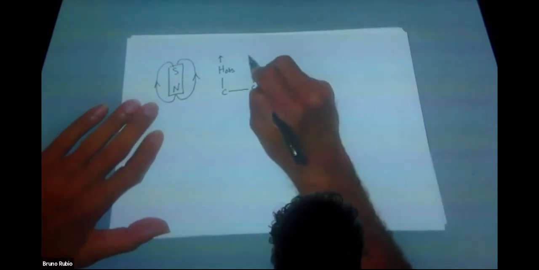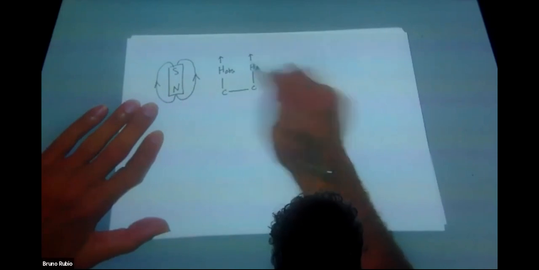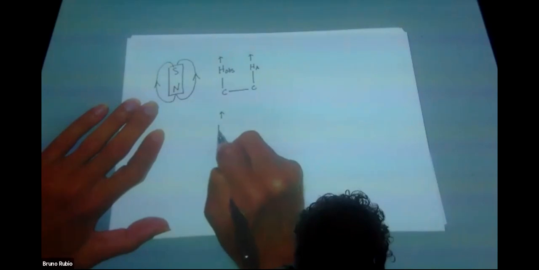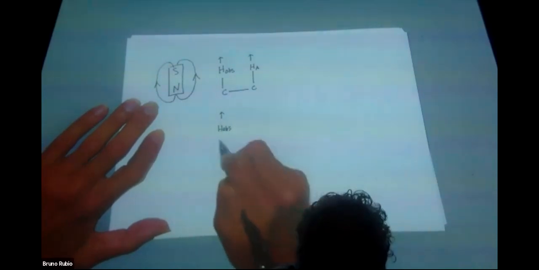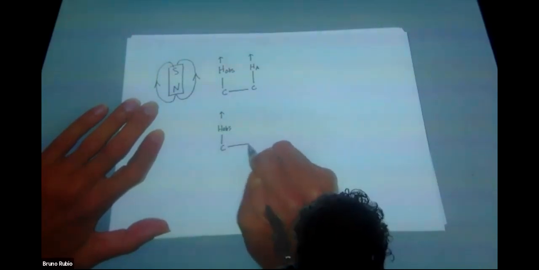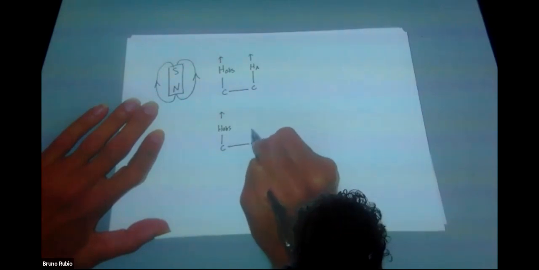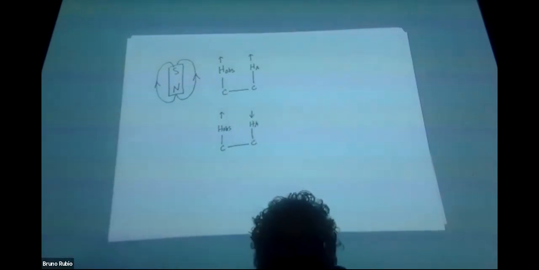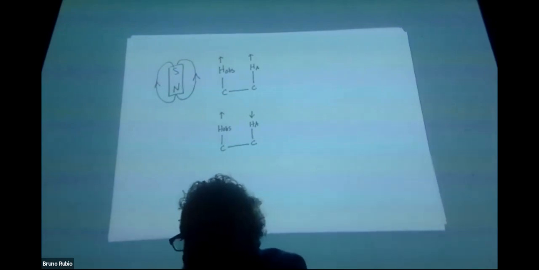So he could be either spin up or he could be spin down, right? We're not trying to understand the splitting pattern of HA. We're trying to understand the splitting pattern of H observed. So HA could be either spin up or spin down.